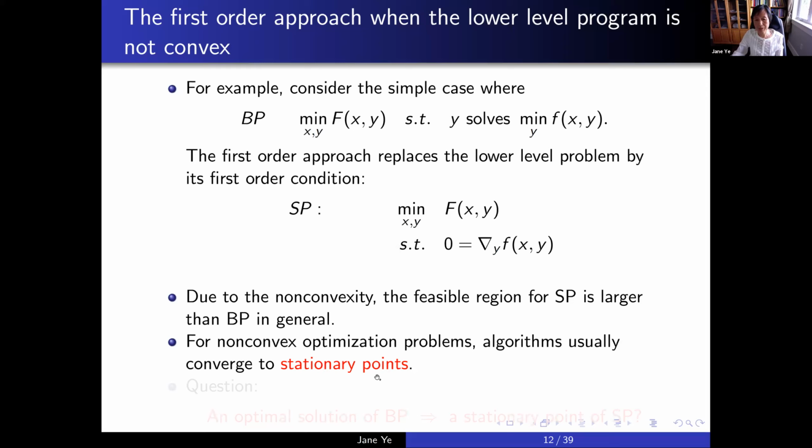It's difficult to find a global or even local minimizer. So the question is, if we solve this problem, SP, can we always find an optimal solution of the original bilevel problem?